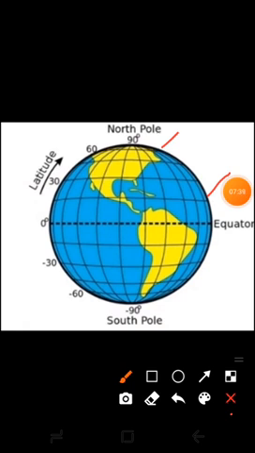You can say that the number of a latitude shows how close or far it is from the equator.